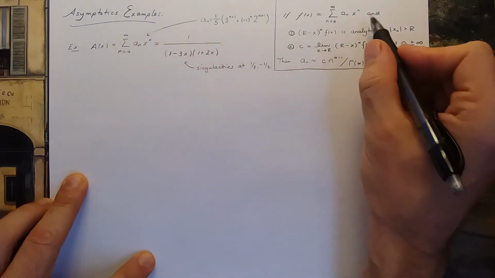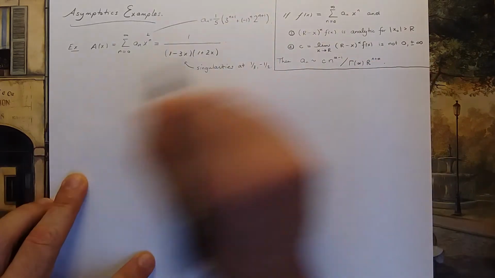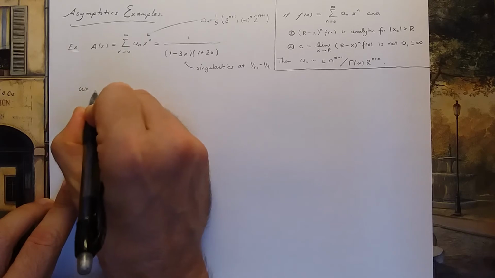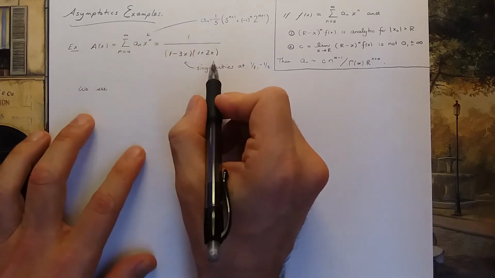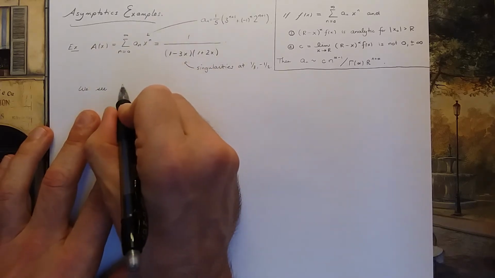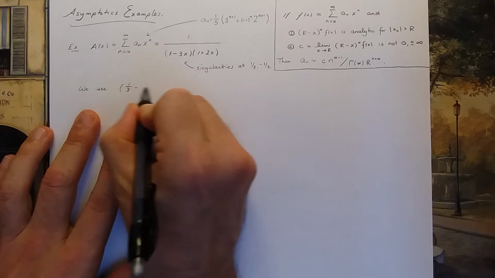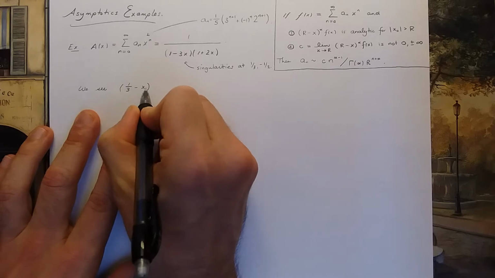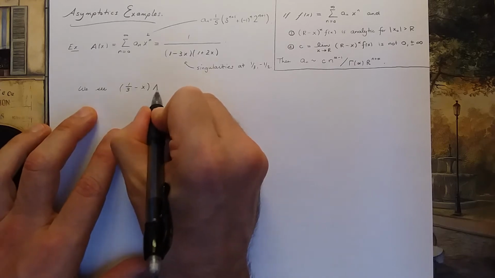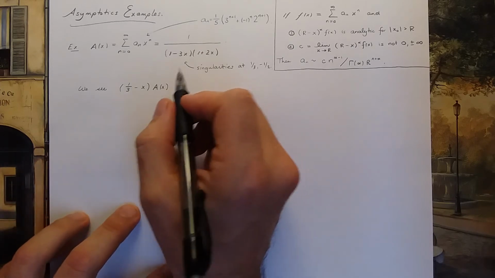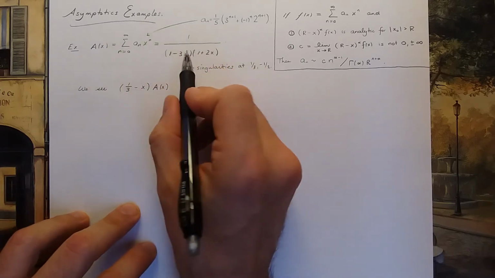The alpha value that is in this theorem is going to be 1, because we see that if I take this function A(x) and I multiply by 1/3 minus x, this actually can be simplified.